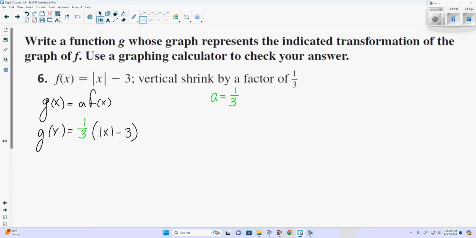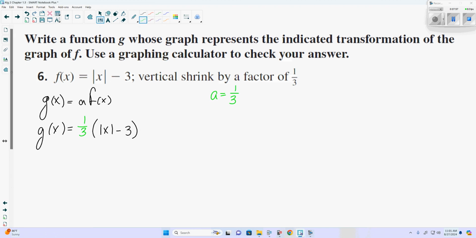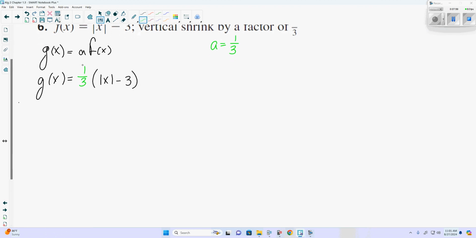And then we can write 1/3 parentheses, absolute value of x minus 3, close parentheses, in 2 separate steps. There is nothing that says I can't replace them both at the same time. If you feel comfortable replacing them both at the same time, replace them both. Put them both in. If not, do one, then the other. Do a and then f of x. Because the last thing we need to do is distribute the 1/3.